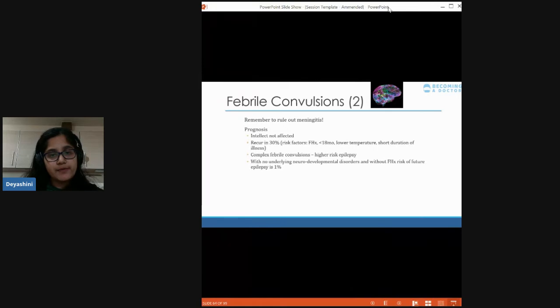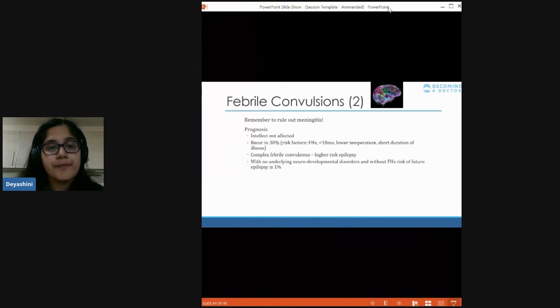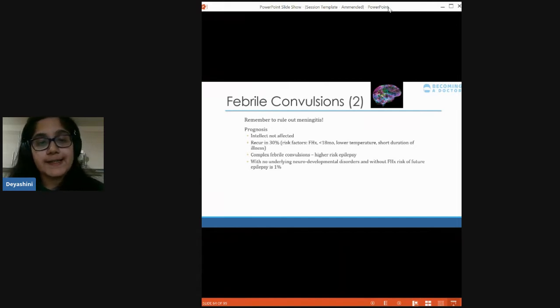I'm sure you guys will never forget meningitis, but just remember to think about it. Typically it has a relatively good prognosis. And if they've not had any significant past medical history like this child, the risk of future epilepsy is about 1%.